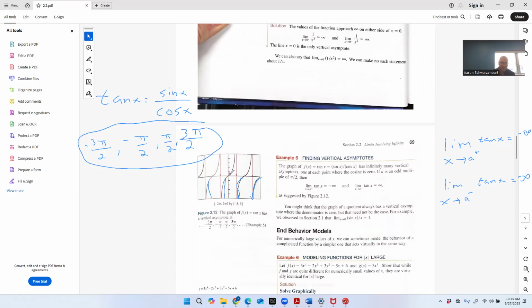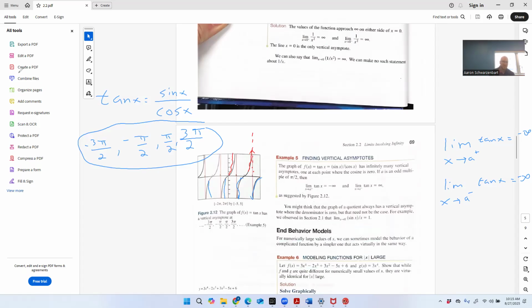Again, I'm going at it from the right side at my vertical asymptote here, and it goes to positive infinity.